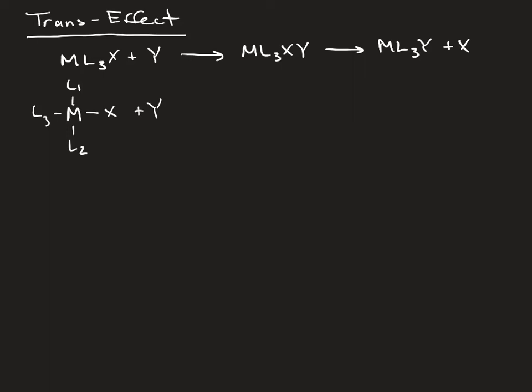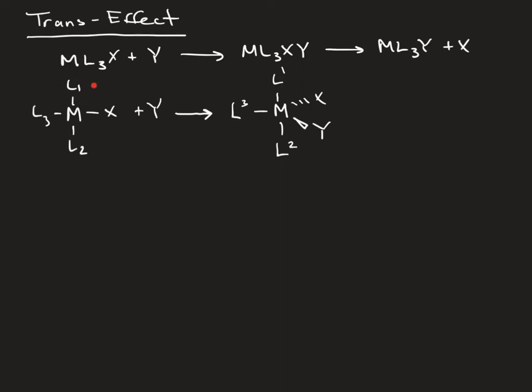We have this. We then form the 5-coordinate square pyramidal complex followed by the Berry pseudo-rotation. And when we do the Berry pseudo-rotation, going to the trigonal bipyramidal species, that L3 ligand, along with the X and the Y ligands, are going to remain in the equatorial plane.